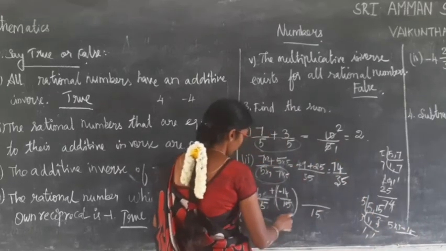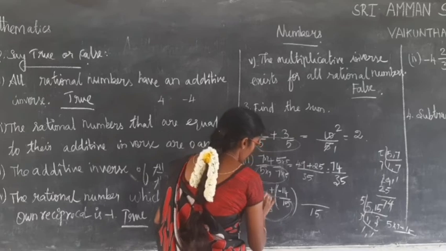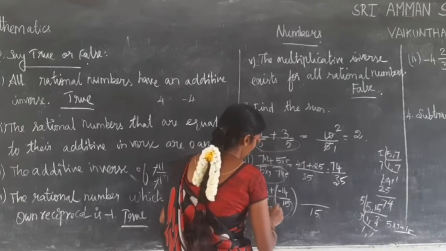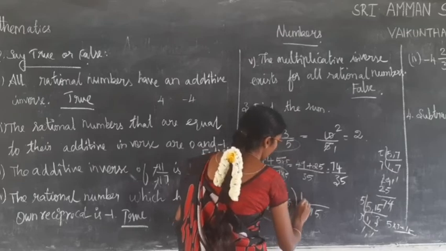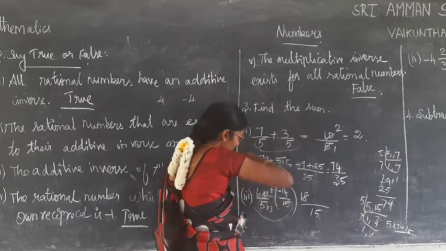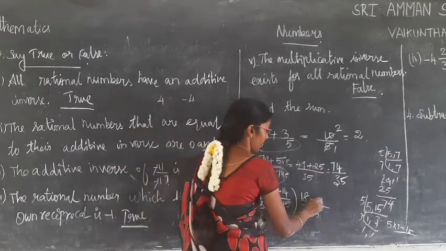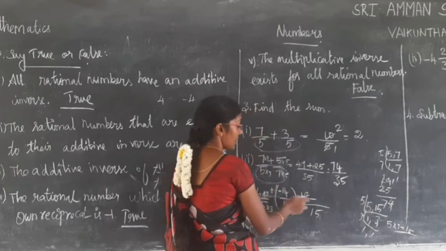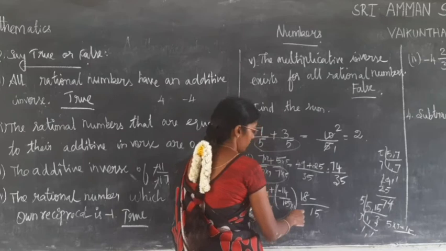LCM 15. So 5 3s are 15. So 6 3s are 18. So plus, inside you are having minus. So what you will do? You will put minus. Plus into minus, minus. Clear? So here 15 into 1, you will get 15.